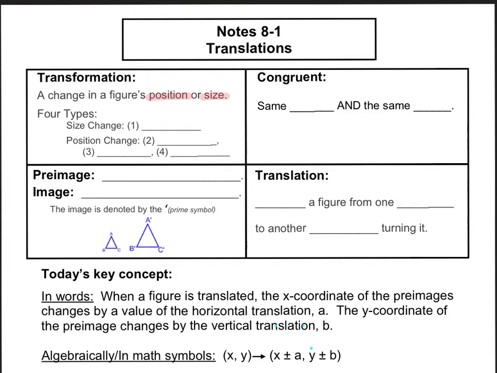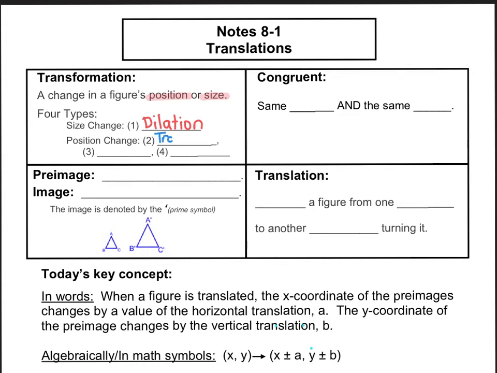The first one is a change in size, and that one is a dilation. We're actually not going to talk about that until the end, but that is the only transformation that changes size, the dilation. Then we have 3 transformations that actually change position. The first one is called a translation.